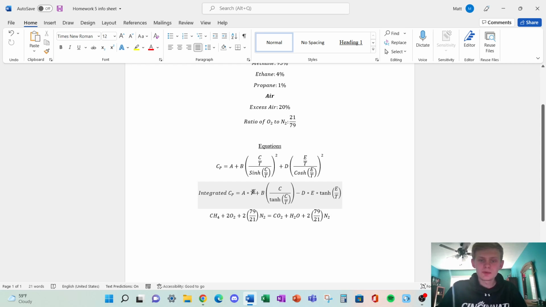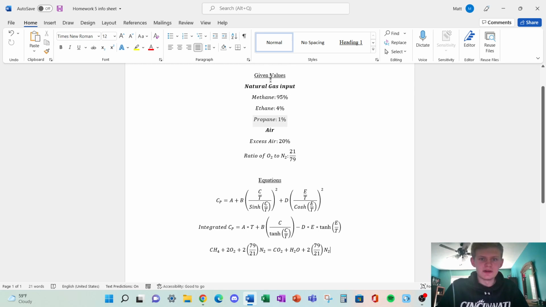In our previous video we found our hyperbolic integrals from the original heat capacity equation, but we did not find the rest of it. This whole equation is what we need, our actual integrated heat capacity.